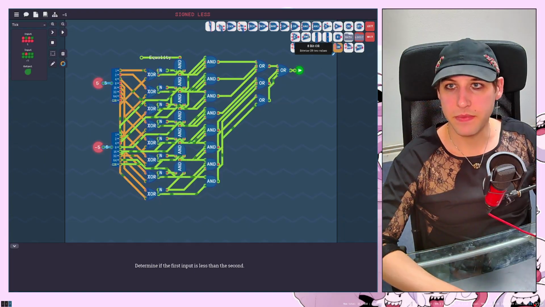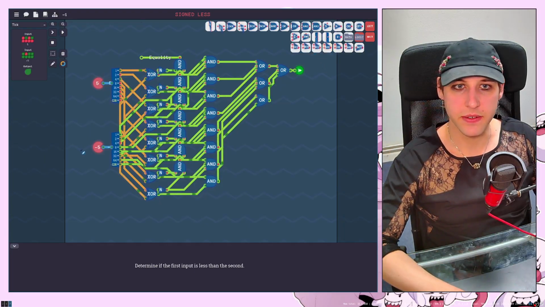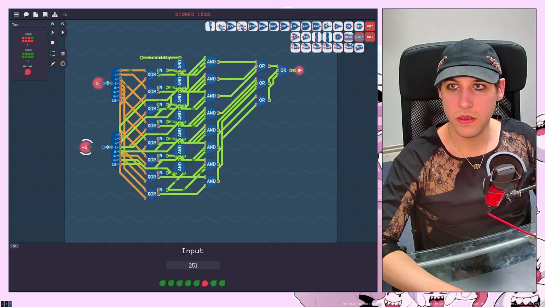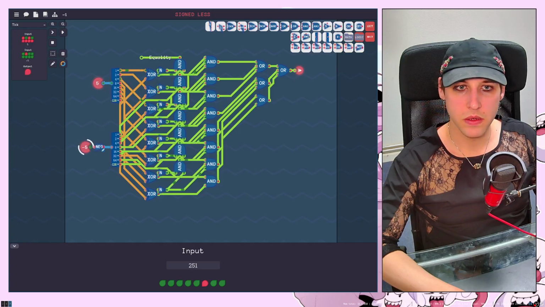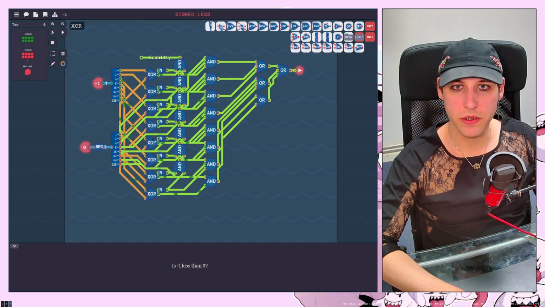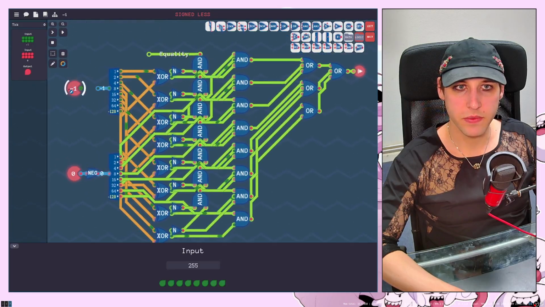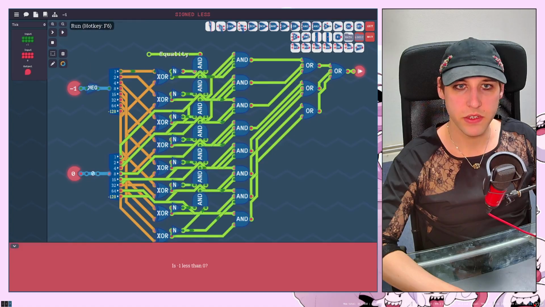Maybe we could negate one of the numbers and then use this circuit. Does this work? No, it does not. Maybe if we negate the first one. Does this make a difference? No.